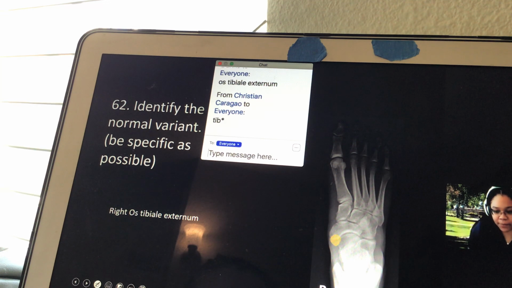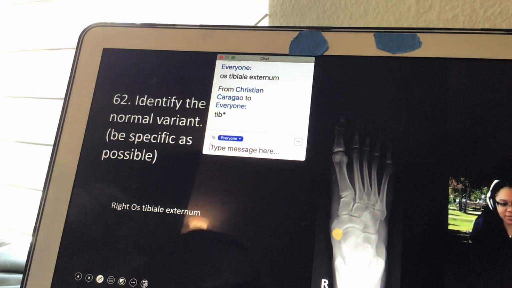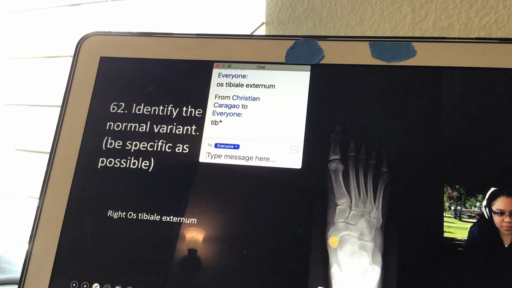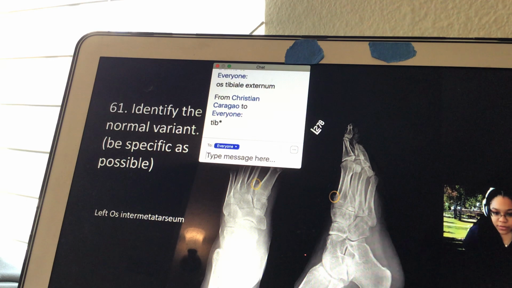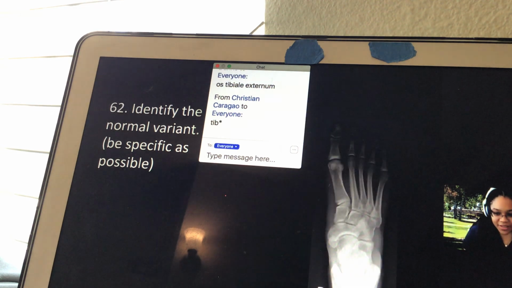Don't worry about that. I'll just show you the detached one, which is our tibiale externum.